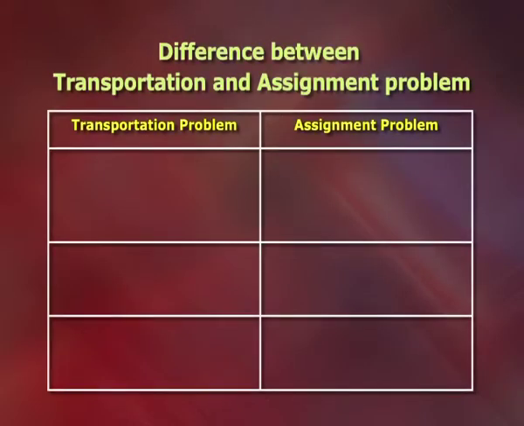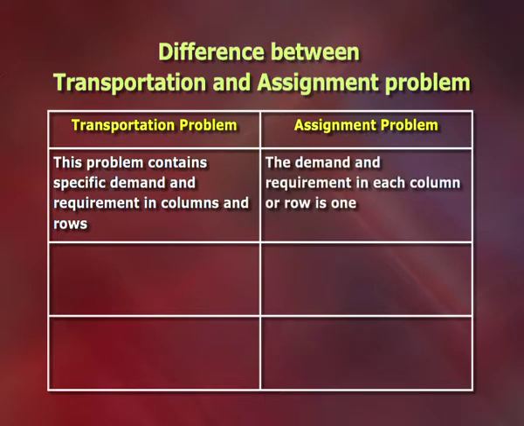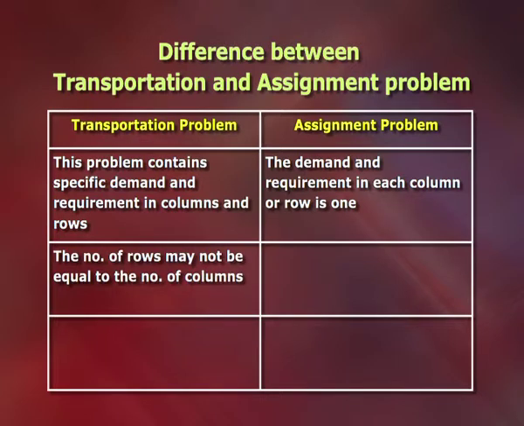Let us understand the basic difference between transportation and assignment problem. Transportation problem: this problem contains specific demand and requirement in columns and rows. Assignment problem: the demand and requirement in each column or row is 1. Transportation problem: the number of rows may not be equal to the number of columns.